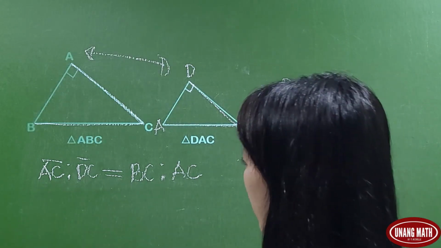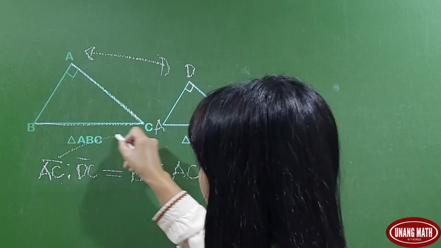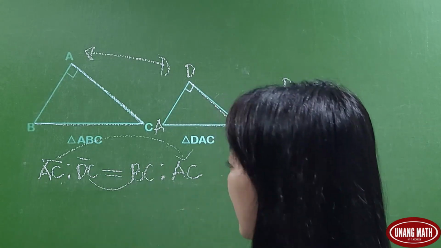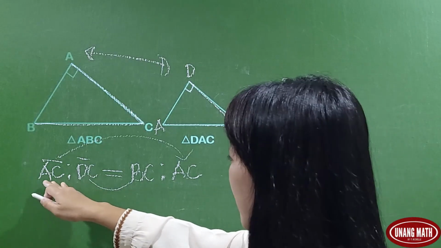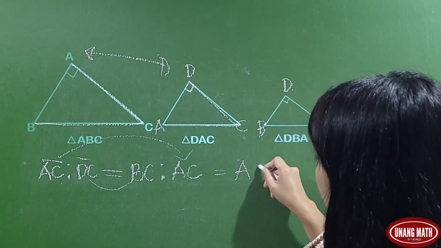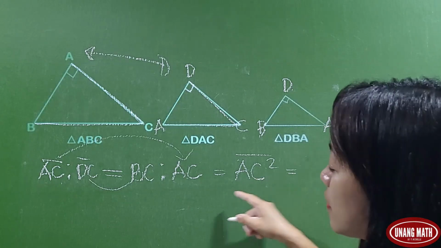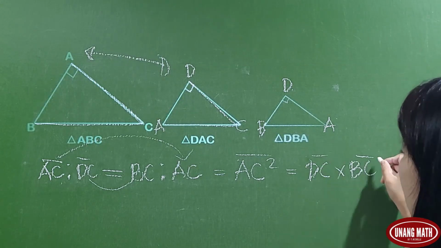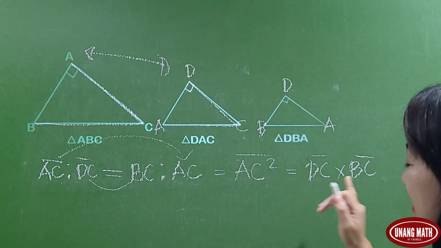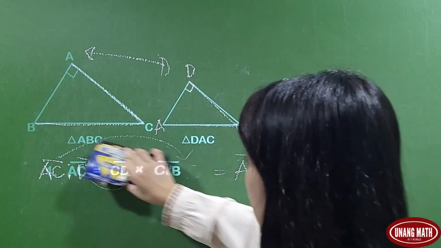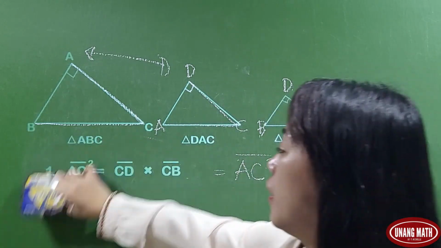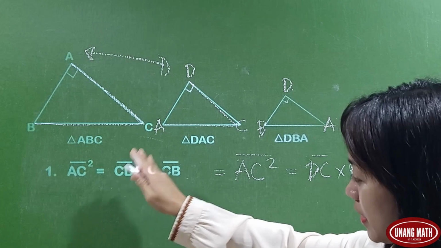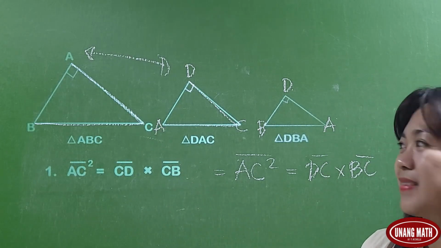To solve this one, we are going to multiply AC times AC, or the outer numbers multiplied together, and then the inner numbers multiplied together. So AC times AC is AC squared. So AC squared is equal to DC times segment BC. This is now our first theorem. So we have here segment AC squared is equal to segment CD multiplied by segment CB.